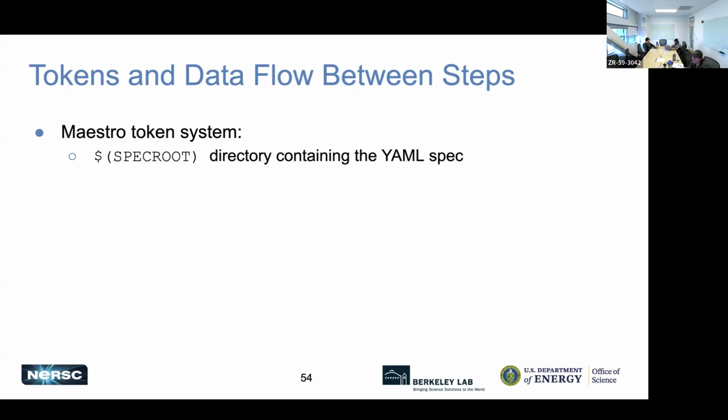So if you've got multiple pipelines, then you put your YAML spec in each its own directory, and you can run them from the same place and give them the direct location to the different YAML. And spec root will populate the path and understand that this is a pipeline that's being run in a particular location, even if the terminal you're using as a human may not be in that location.